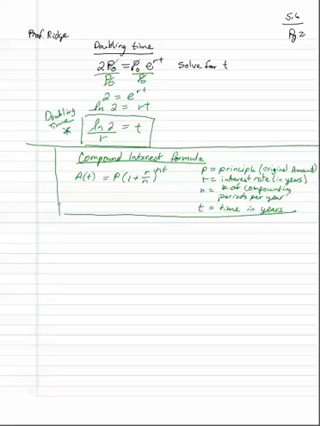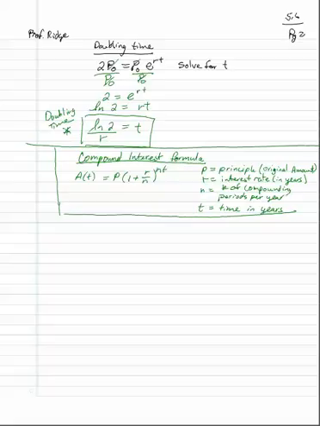N is the number of compounding periods per year, and t is the time in years. With r divided by n and the exponent nt, we're scaling the interest rate so they're in the same units. If we're talking about compounded daily, we want the power to be the number of days, and the interest rate needs to be converted to per day.